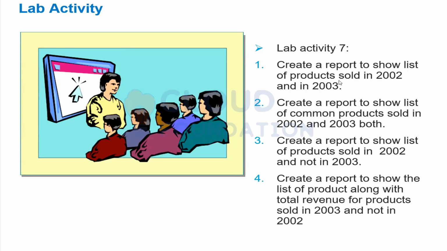If you read the first line, products sold in 2002 and in 2003, that means we can use union. But the second one says common products, both years, so we have to use intersection, with product name and year.